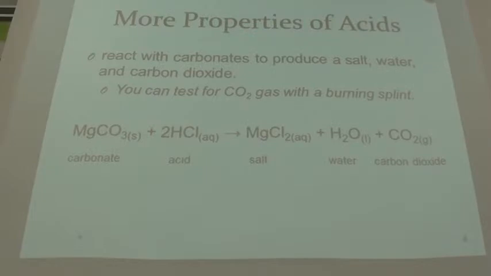Okay, ladies and gentlemen, we did this yesterday. You took a rock and you put it into the hydrochloric acid, and this double replacement reaction, it's probably a good idea to put your head up, thank you, reacted with the rock to form a salt. Do you know what a salt is? Define salt.